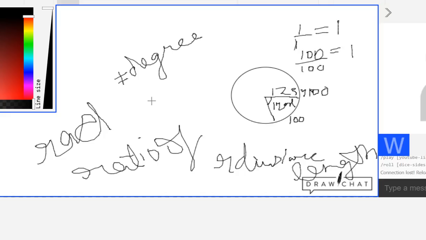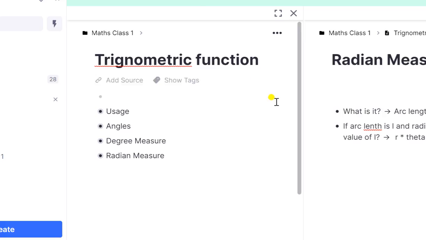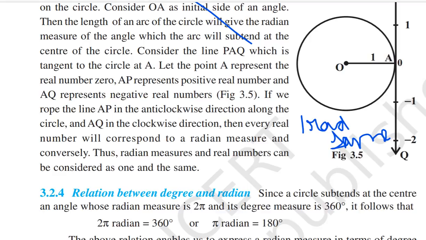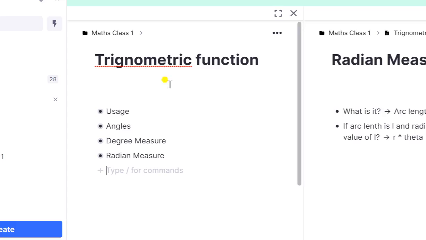So we'll write this in our understanding. This is an understanding that a lot of times we don't get, right? Relationship between radians and real numbers. Radian numbers and real numbers can be considered one and the same, right? Why?